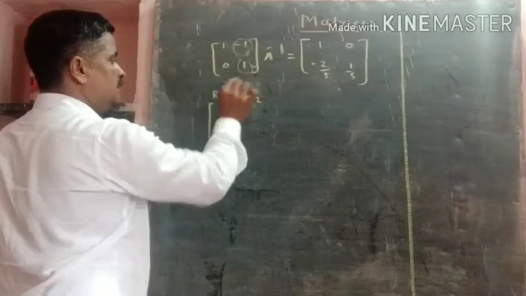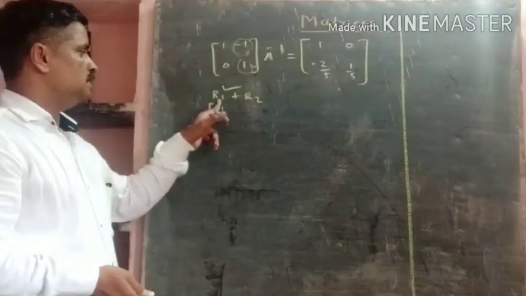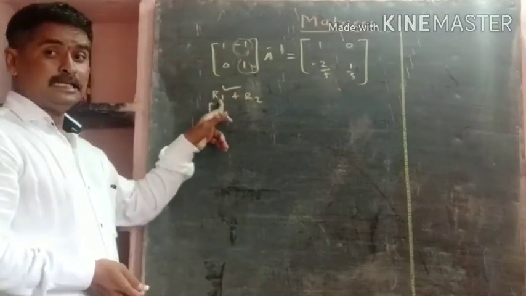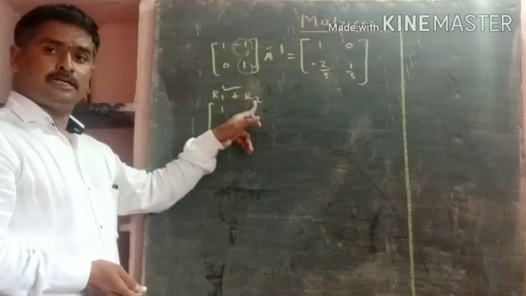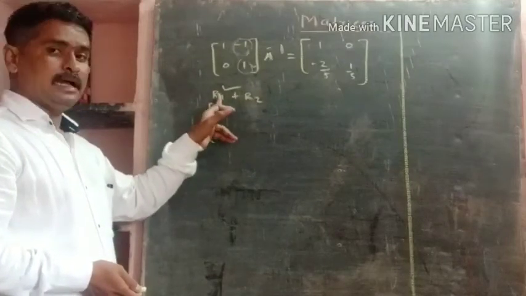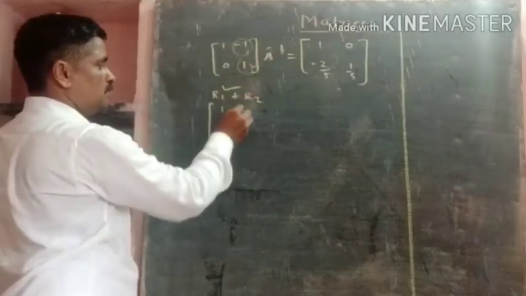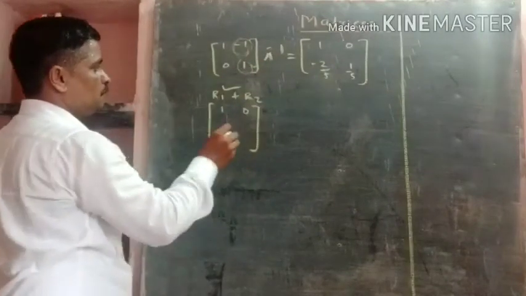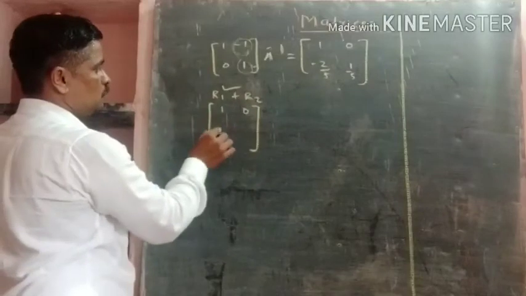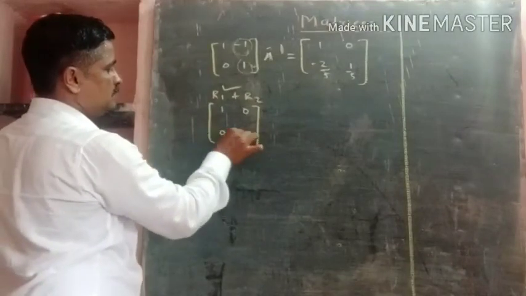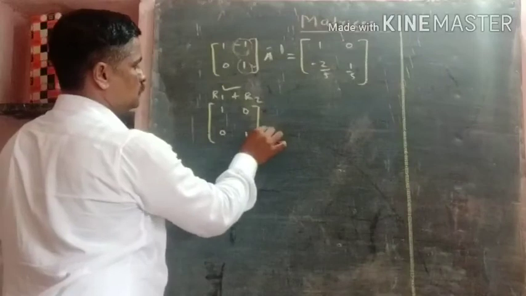It is changed in R1. Observe, it is changed in R1, not in R2. We apply R1 plus R2. So minus 1 plus 1 equals 0. Again the second row is as it is, that is 1, 0.